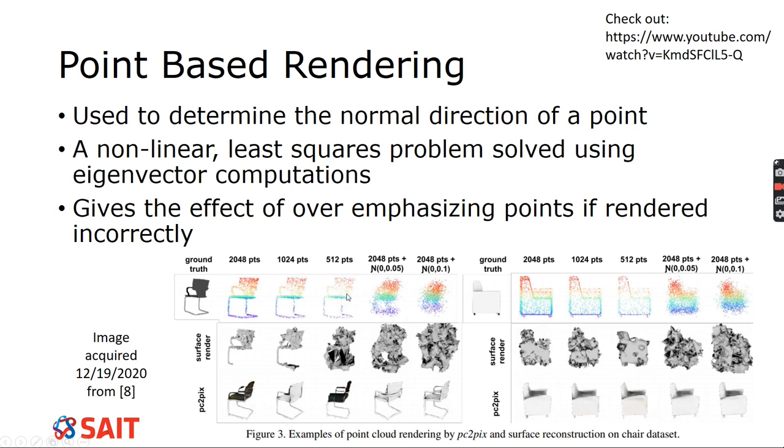Over here, we've lost that handle. And right here, at the back, it almost looks like it's seeing through the chair, and it shouldn't. So we're ending up with some weird emphasis when we reduce the points too much, and as we keep more, we get a much better view of what these chairs look like.